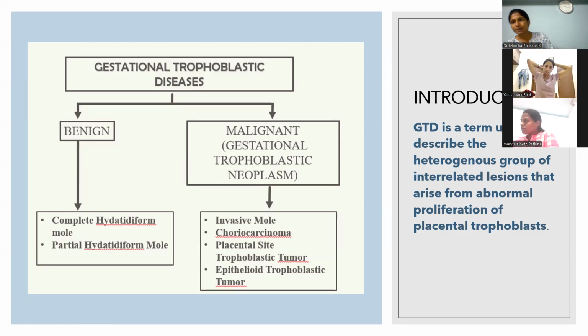Gestational means it is related to pregnancy as well. It is not something like ovarian carcinoma or cervical carcinoma, which are nowhere related to pregnancy or its sequelae. But gestational trophoblastic disorders are a component of pregnancy, and might lead to a sequela even after a normal pregnancy. GTN, that is gestational trophoblastic neoplasms, can occur even after a normal pregnancy.